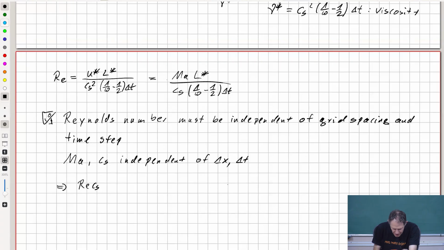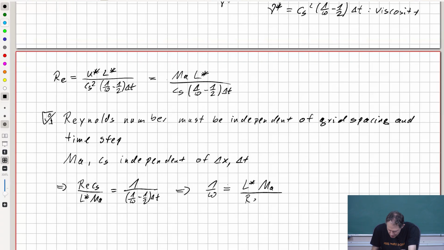So this is Reynolds number, the speed of sound divided by the length scale, and the Mach number is equal to 1 over omega minus 1/2 dt, means that 1 over omega can be written as L, the physical length scale, which is constant, times Mach number, Reynolds number times Cs, 1 over delta t plus 1/2.